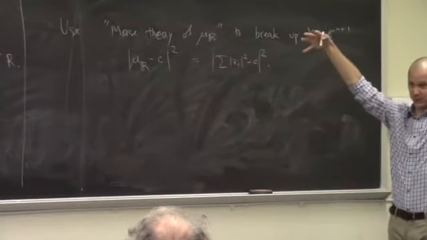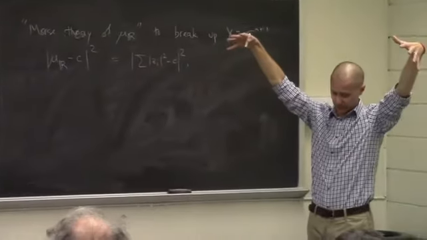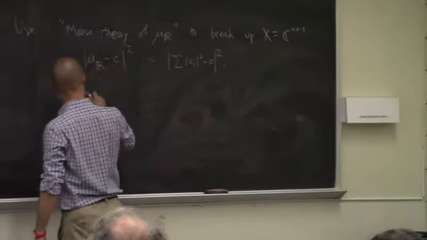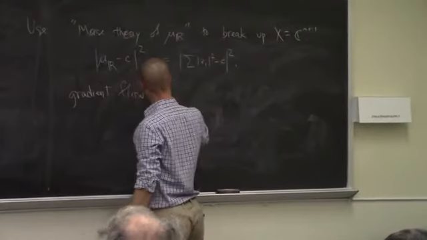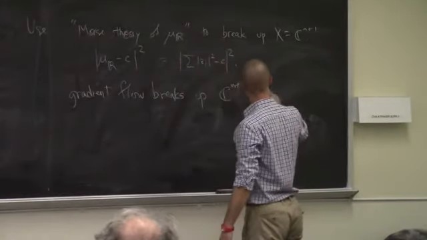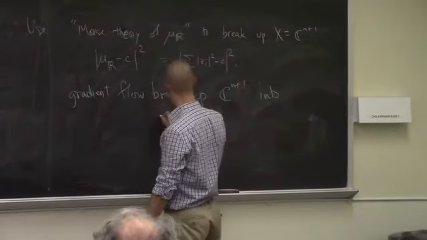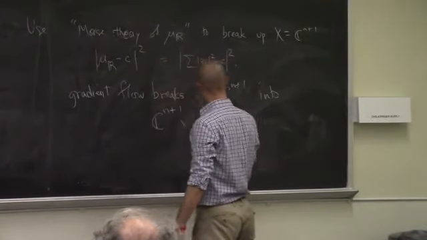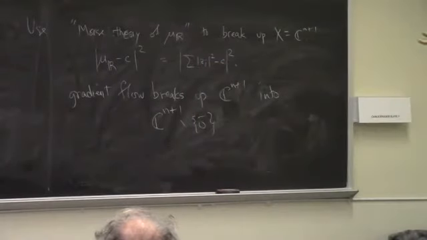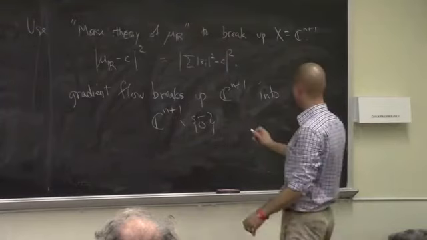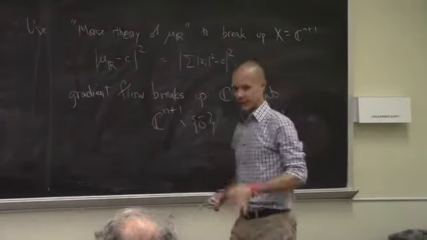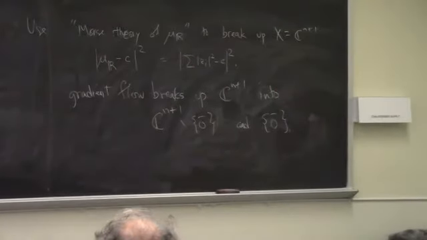And if I look at what points flow to under the downward gradient flow for this function, the gradient flow breaks up Cn plus 1 into everything except the origin. That's all the stuff that flows under the downward gradient flow to this sphere. And then the other subset is just the sphere, which is a critical point, so it doesn't move anywhere.